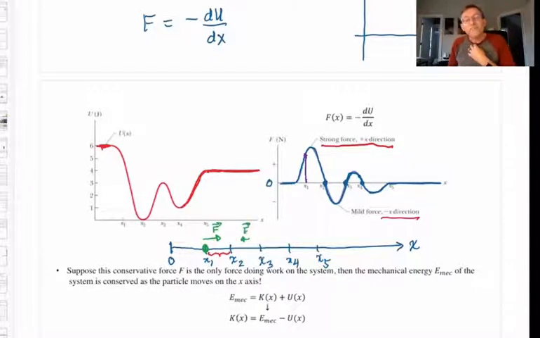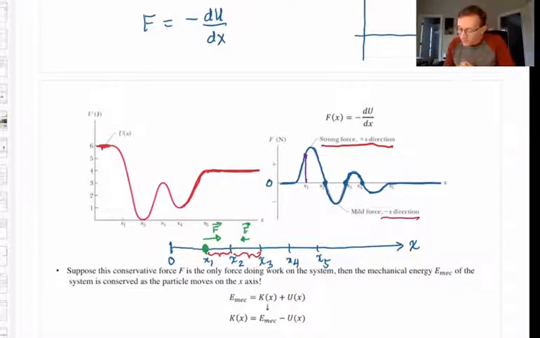So now the force is to the left, negative x. So the acceleration is to the left, negative x. But the velocity was to the right. So the velocity and the acceleration are in opposite directions. It's going to slow down. So in this region, between x2 and x3, where the force is negative, whereas before it was positive, the particle will be slowing down. So between x1 and x2 it speeds up, between x2 and x3 it slows down.